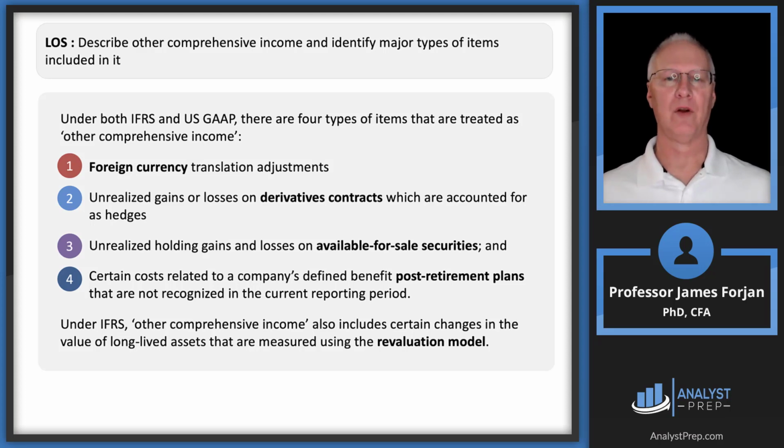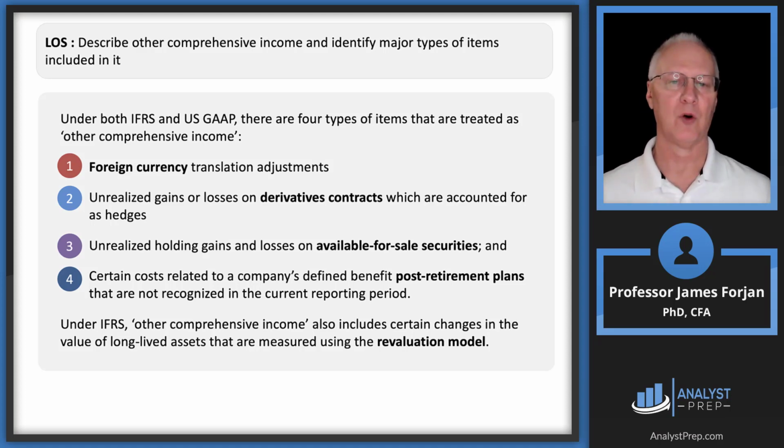All right, remember I said earlier somewhere in a previous slide that you can throw a bunch of stuff in there. I'm not sure exactly what those categories were that I was talking about in that earlier slide, but here we go. Foreign currency translation adjustments, unrealized gains or losses on derivative contracts.